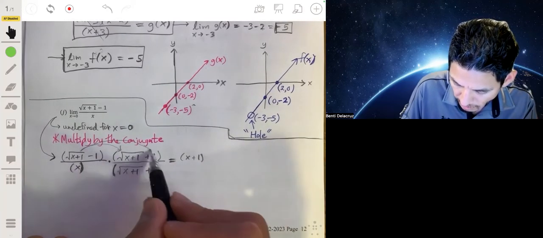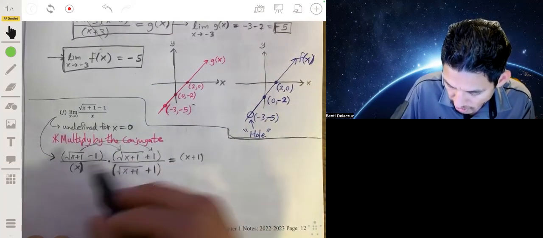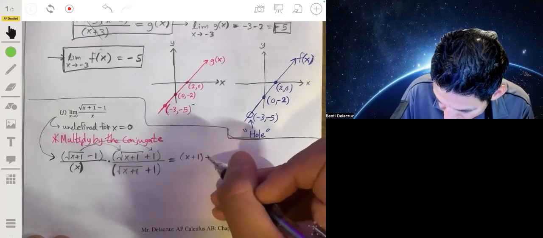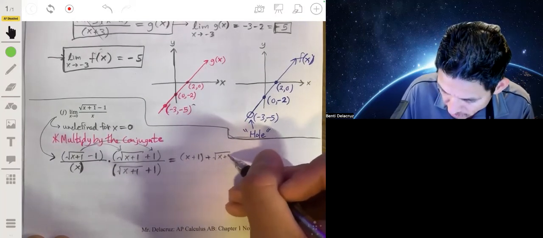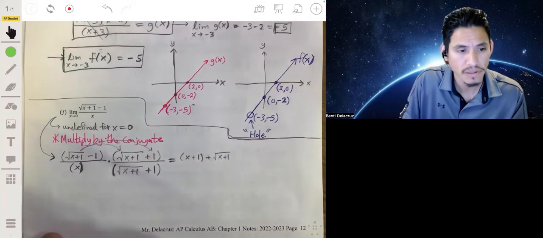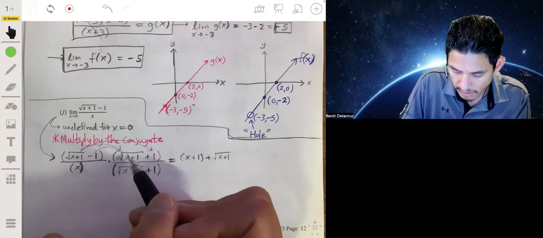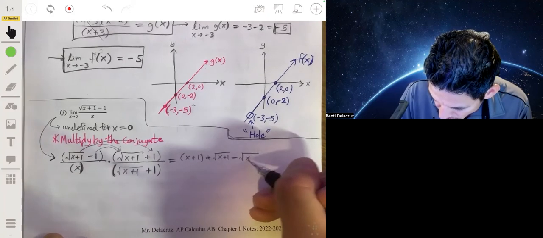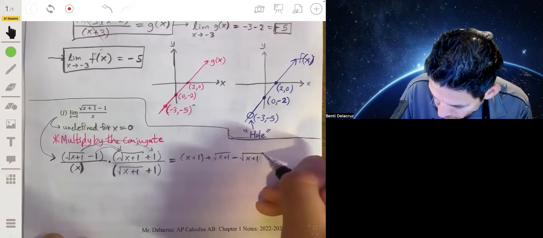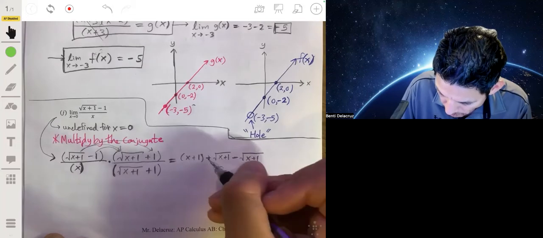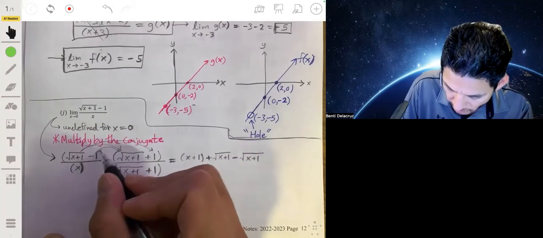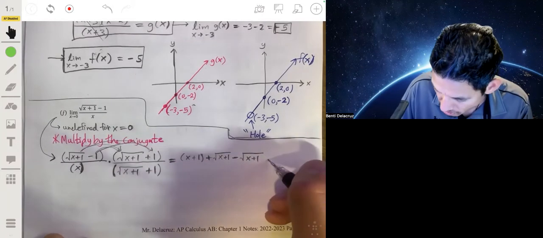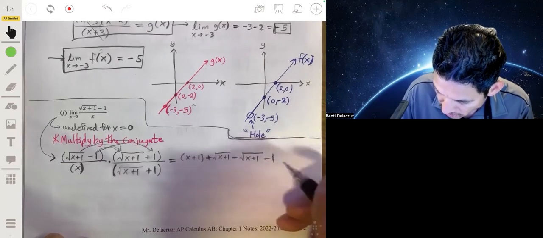Multiply this square root by 1, you're going to have plus the square root of x plus 1. And then multiply the negative 1 by that square root, so you're going to have minus the square root of x plus 1. And then that negative 1 multiplied by that 1, so you're going to have minus 1 at the end.